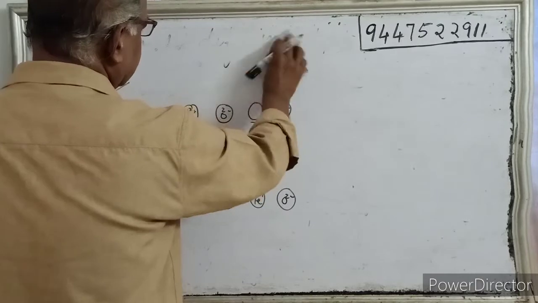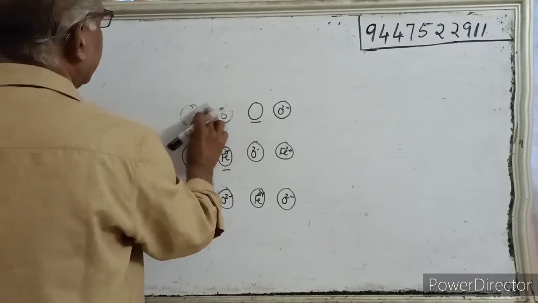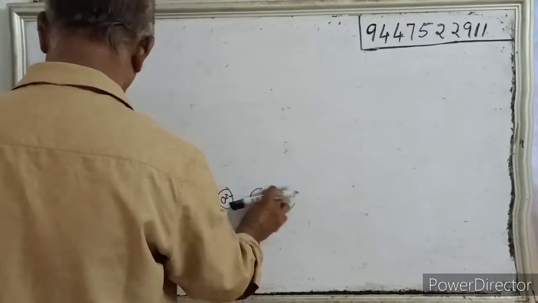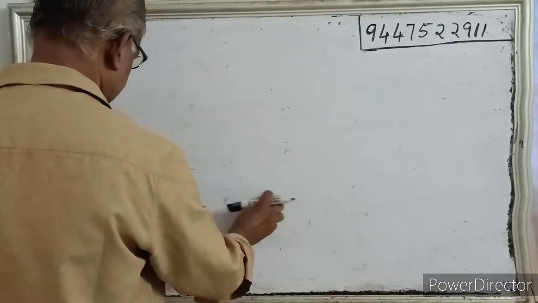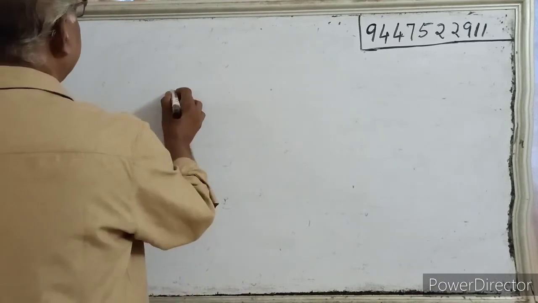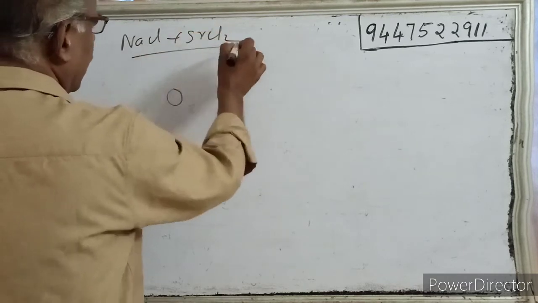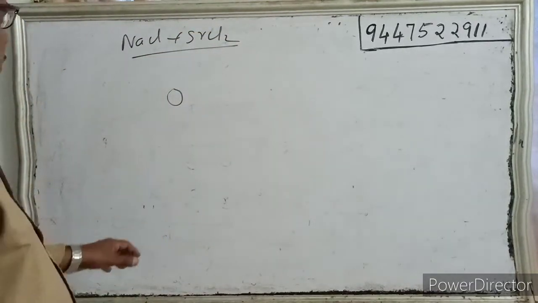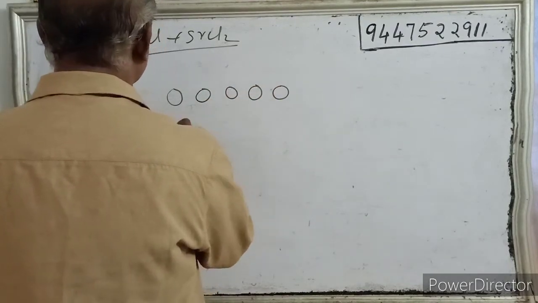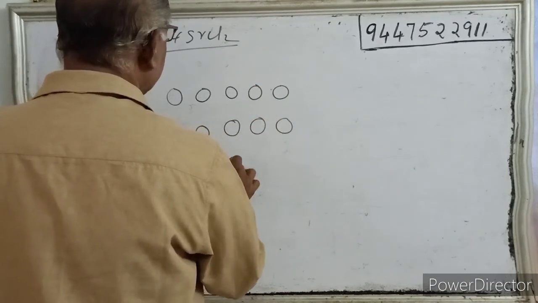Now coming to the third classification, impurity defects: stoichiometric, non-stoichiometric and impurity defects. In an impurity defect, sodium chloride is mixed with strontium chloride and recrystallized.